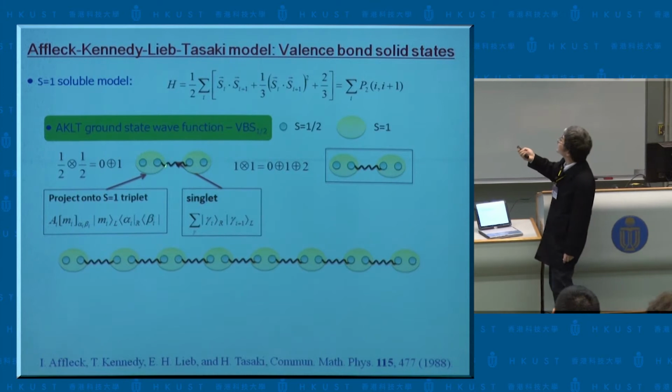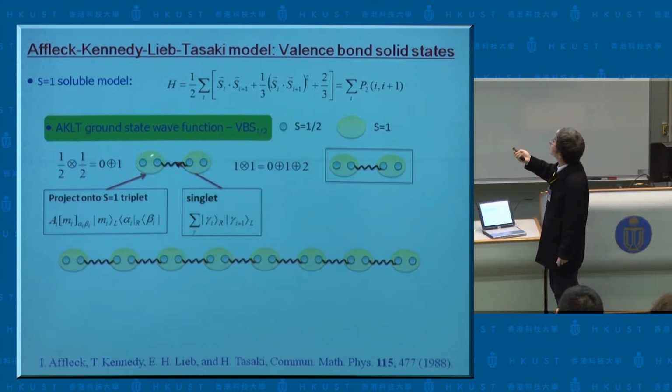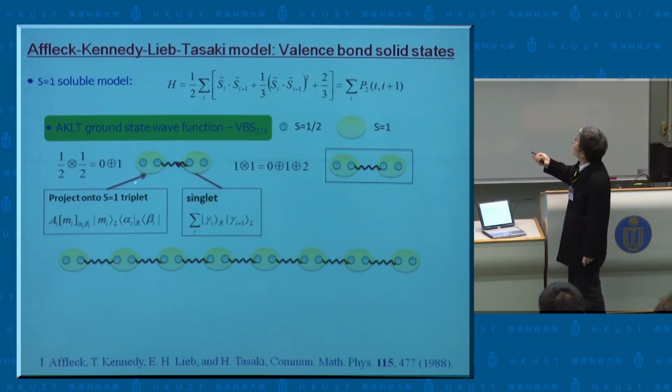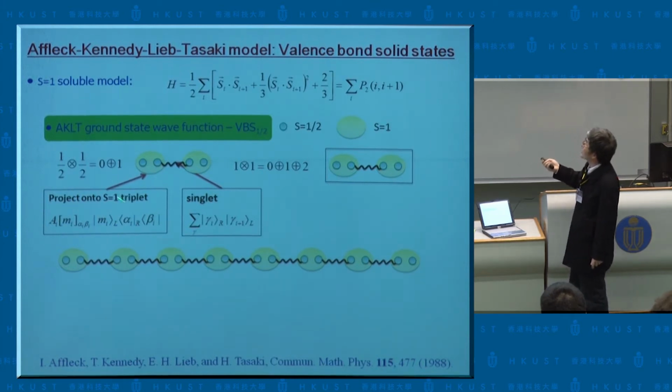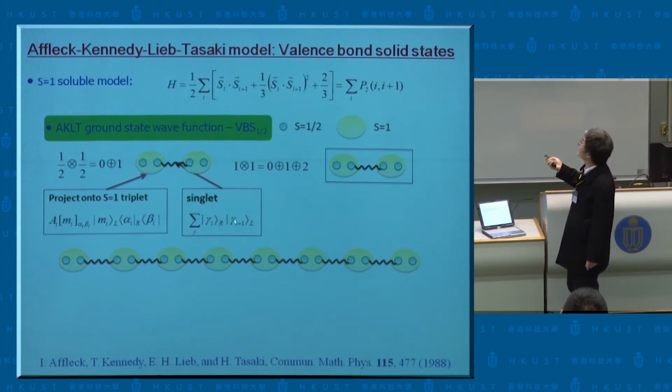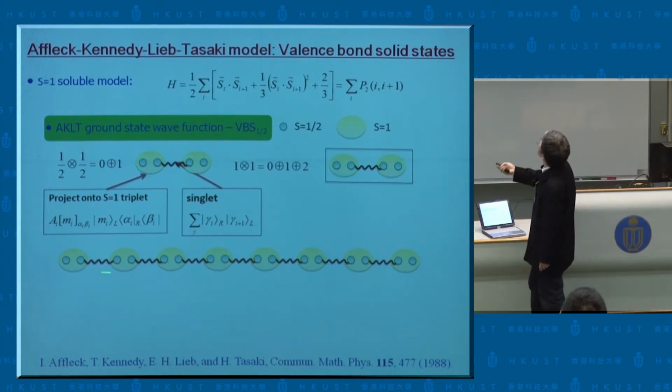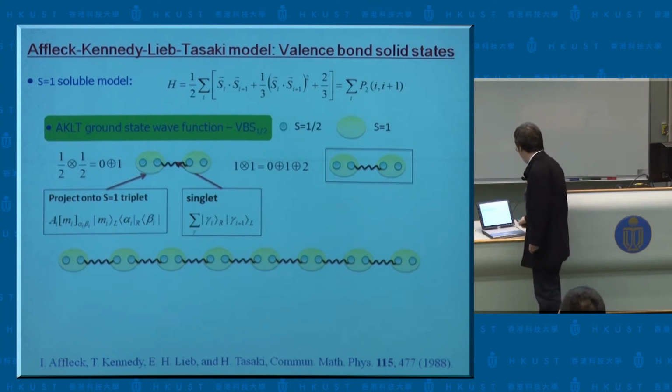On a single site, these spin 1/2 states are represented by alpha beta states, and on a single site, these states are projected onto a spin triplet. However, for nearest neighbor sites, the two spin 1/2 form a singlet. And so they can form such a valence bond solid state.